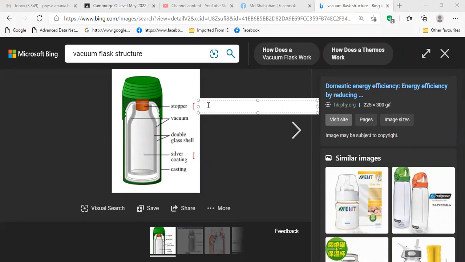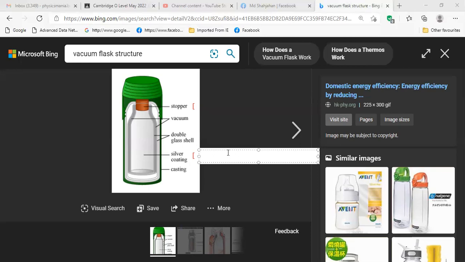Vacuum is stopping the conduction and convection process, and silver coating is reducing the radiation process. Okay, so we have completed the notes on this.